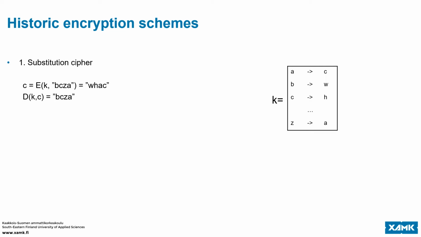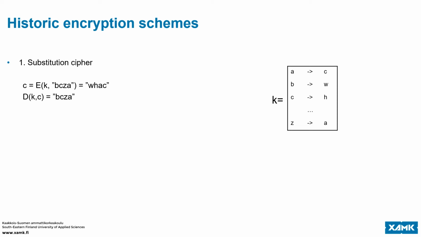The key is basically a chart of how to map individual letters of the alphabet. In this case, the letter A always corresponds with the letter C. B becomes a W, C becomes an H, and so on. And the point is that there is a mapping for all the possible letters in the alphabet.